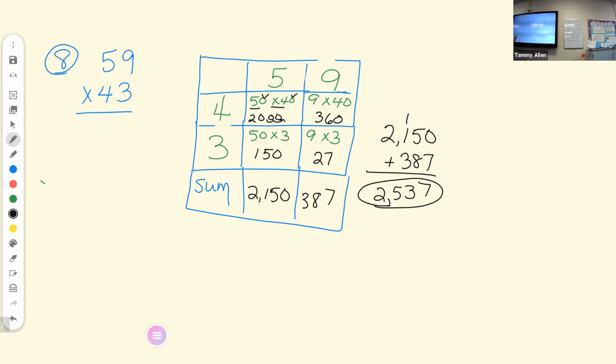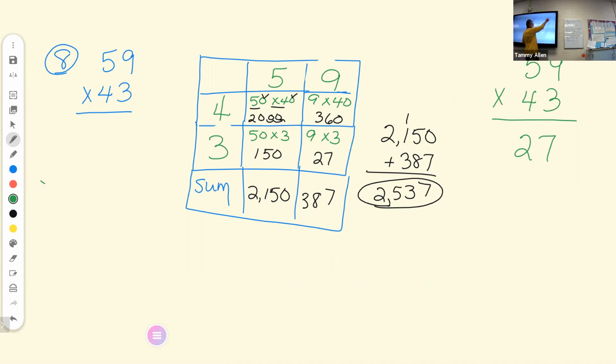Okay. I'm going to show you another method. This is a method I did not show you yesterday. I think it'll be easy for you because if you understand the box method, this should be easy for you. What's 3 times 9? 27. Which is this right here, right?